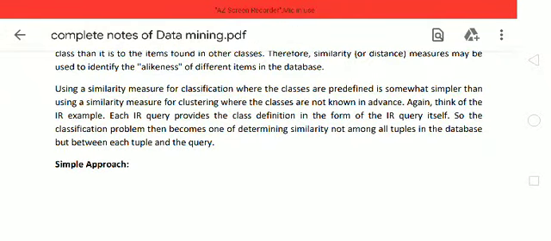So this classification is done on the basis of similarity or distance. This is called a distance based algorithm.